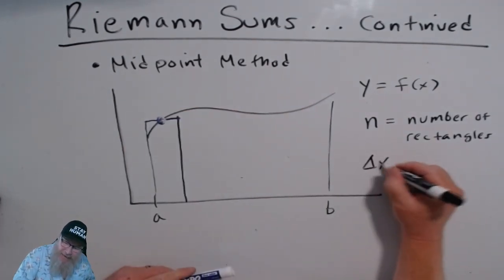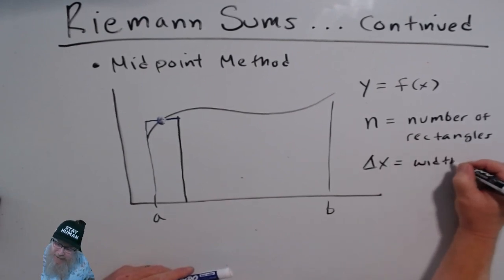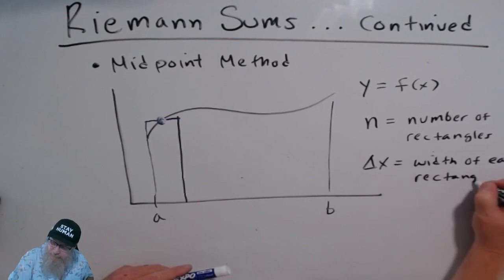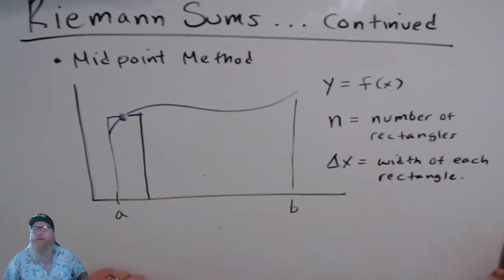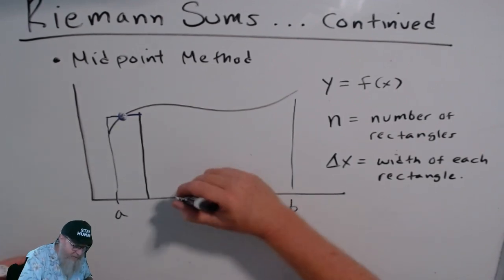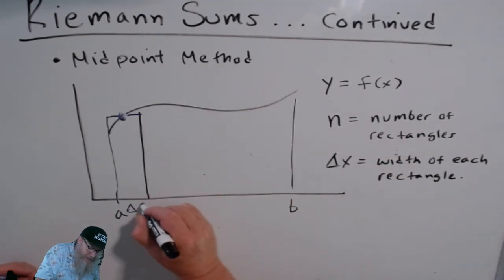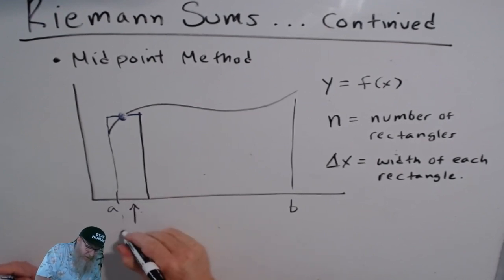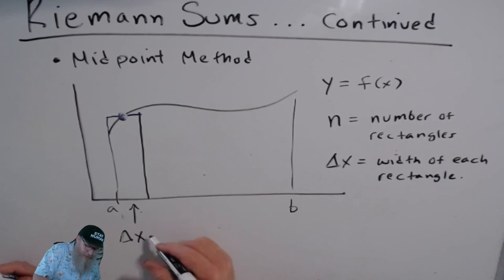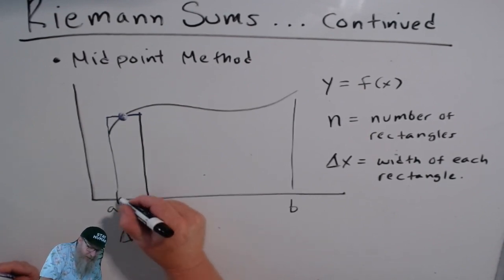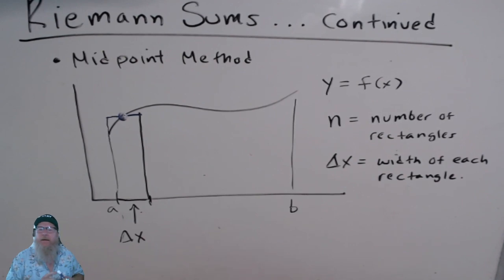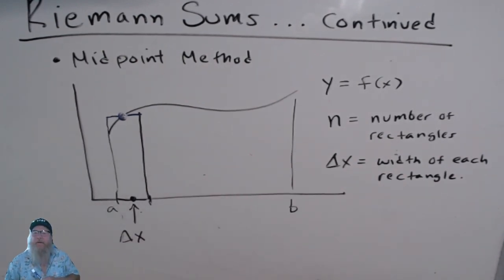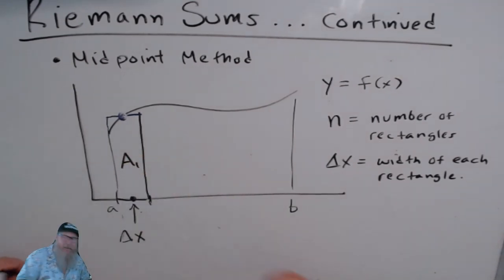So remember, delta x is the width of each rectangle. The width of each rectangle is the same. We call that delta x. That's how wide this rectangle is here. To find the point right in the middle, we'll call this A1.